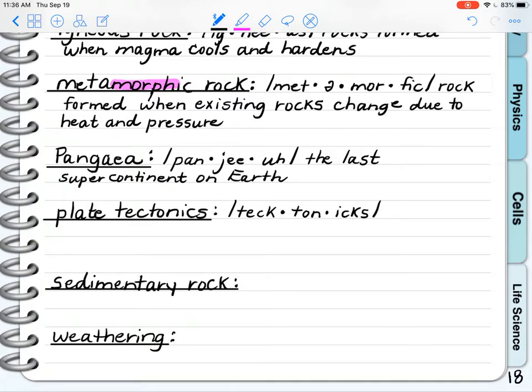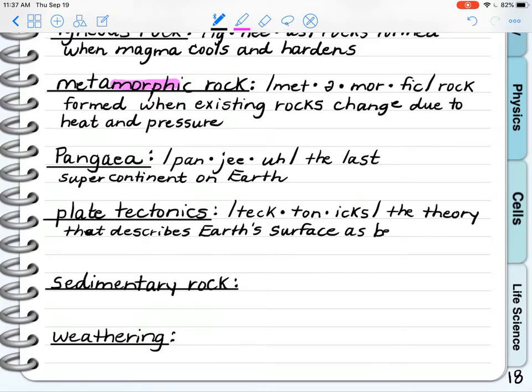Plate tectonics is the theory that describes Earth's surface, and I will show you a picture of this one. This is Earth's surface as being made of rigid moving plates.